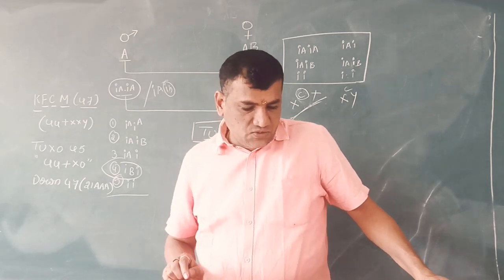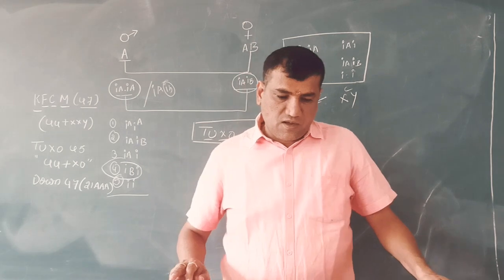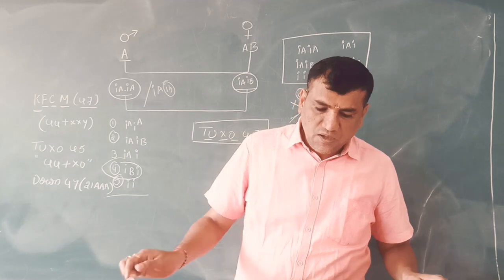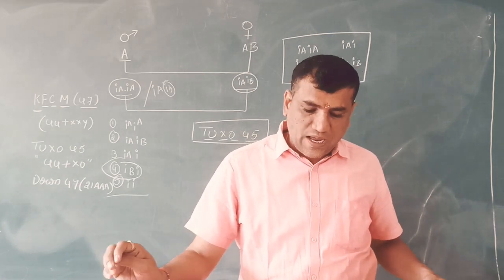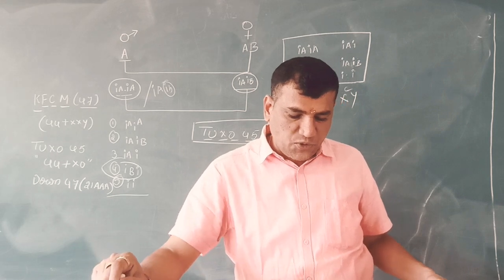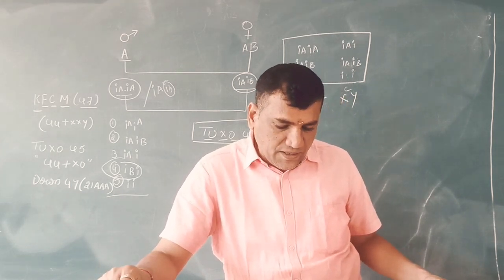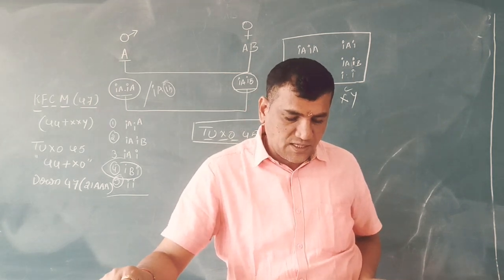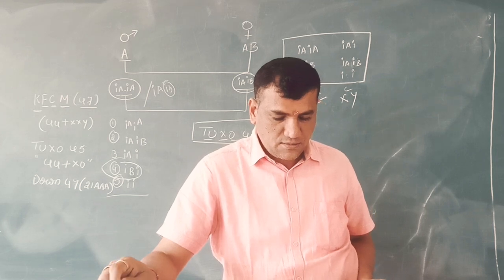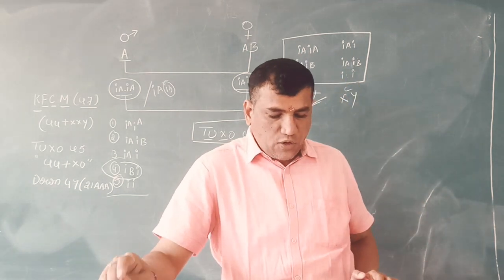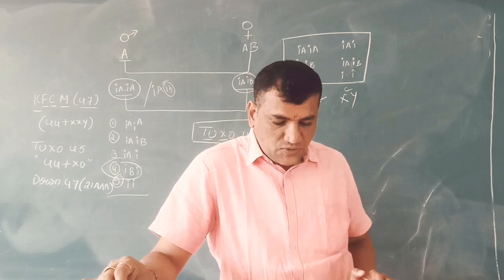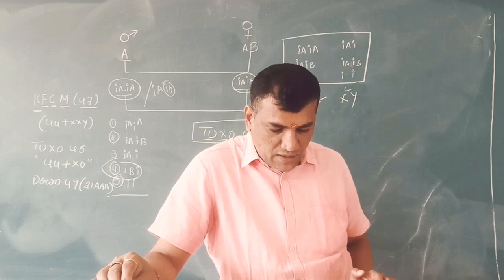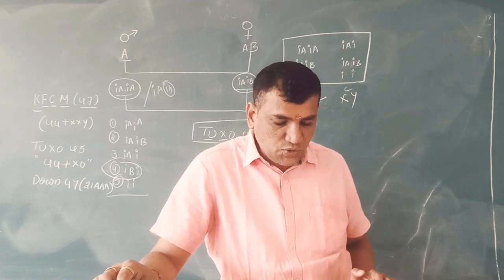Coming on to the next question, ninth question of exercise 2. When a yellow mouse was crossed to another yellow mouse, the F1 generation produced yellow and brown black mice in the ratio 2:1.